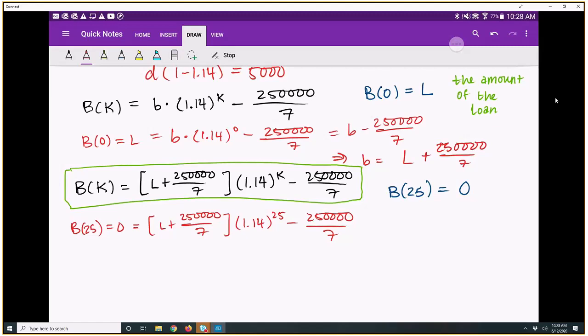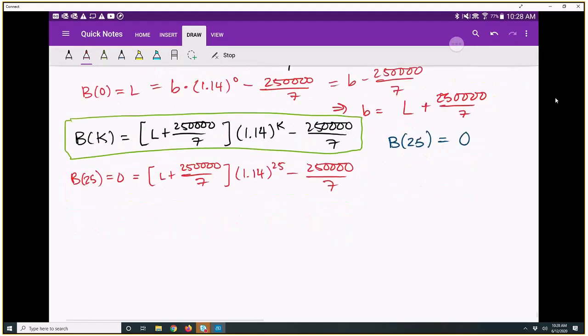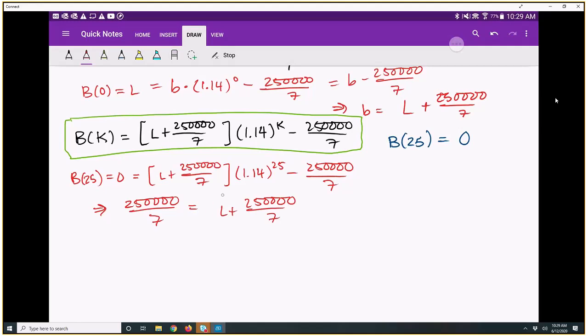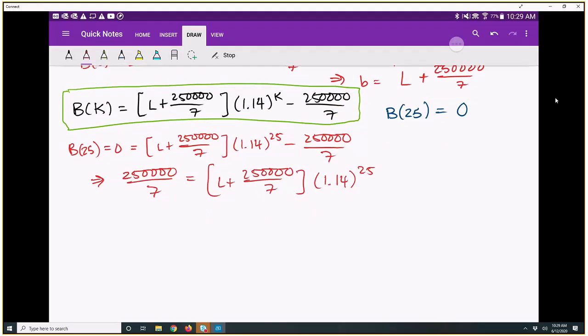And at this point, it's just a matter of manipulating it and plugging it into our calculator. Then I'm going to add 250,000 over 7 to both sides. That's equal to L plus 250,000 over 7 times 1.14 to the power 25. Then I'll divide by 1.14 to the power 25.